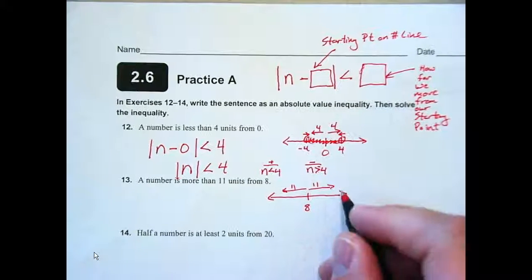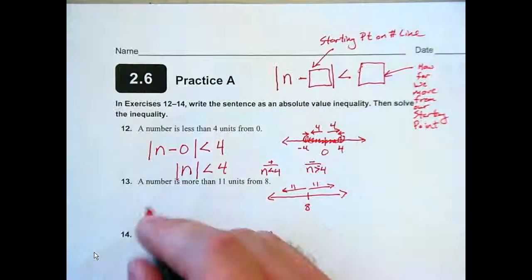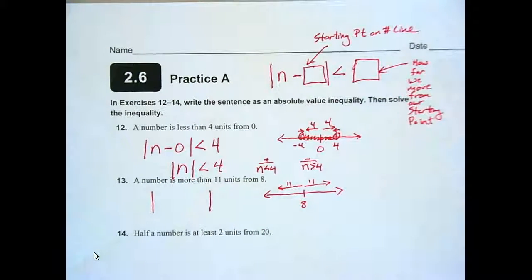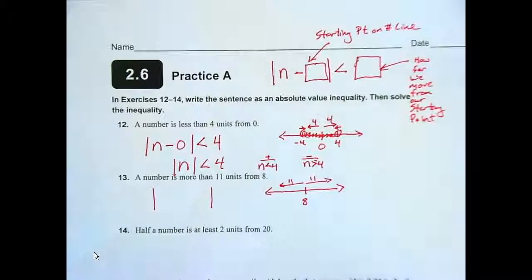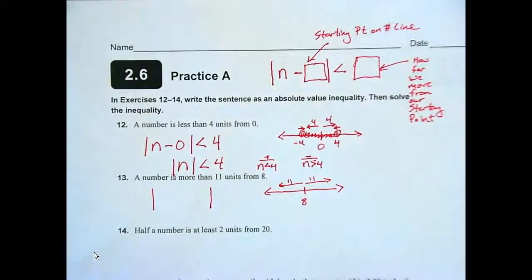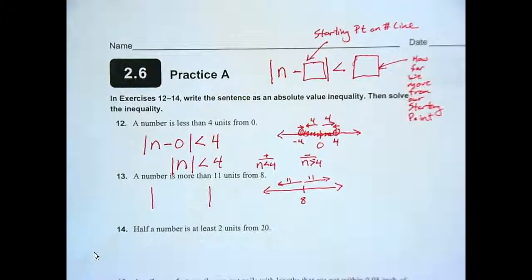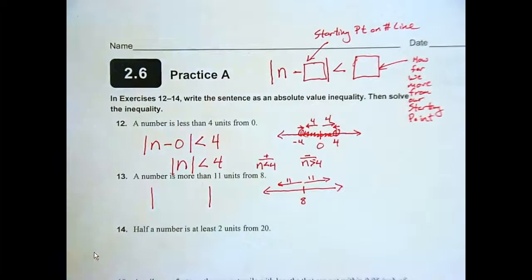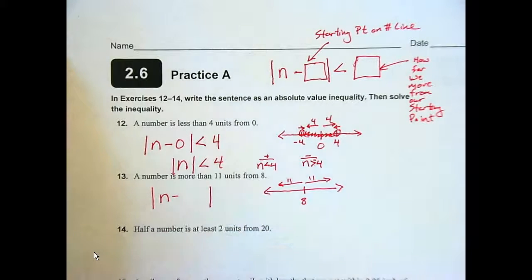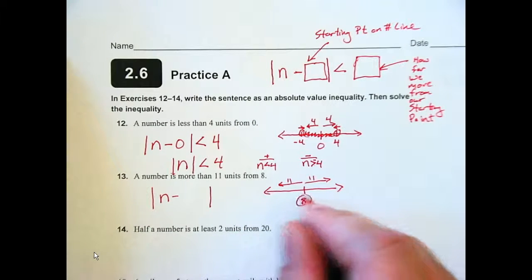Okay? So if that's the case, go ahead and write out your absolute value inequality. What goes in the absolute value and what goes on the other side, and what's our inequality symbol there? All right, so we have |n - 8|, starting place is 8.